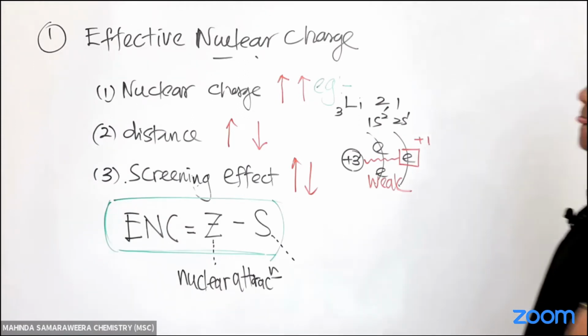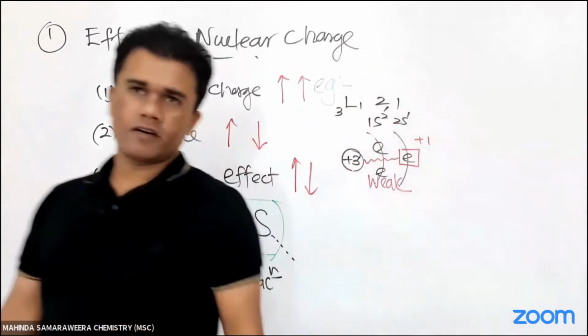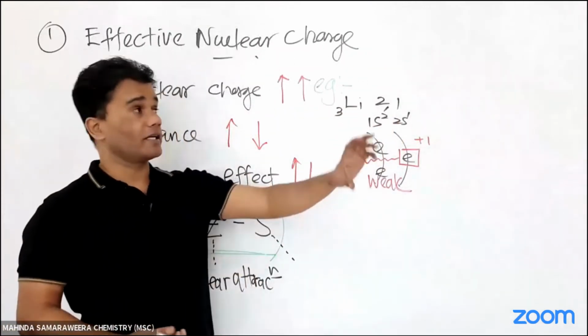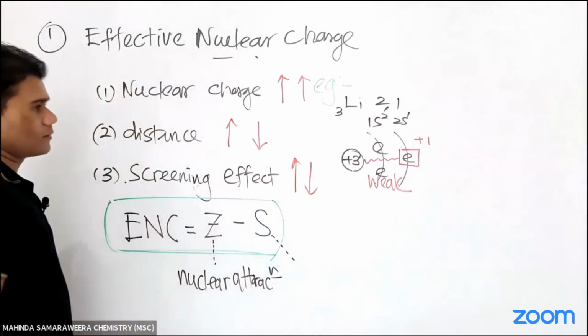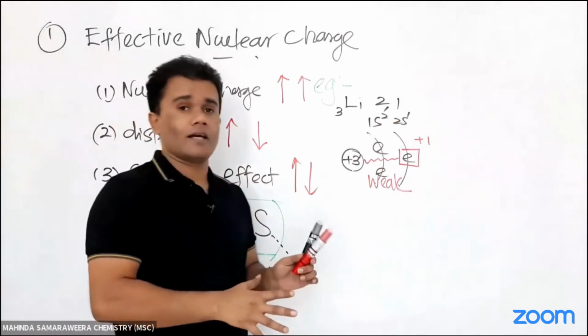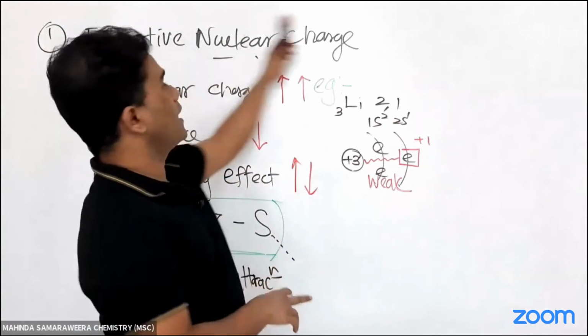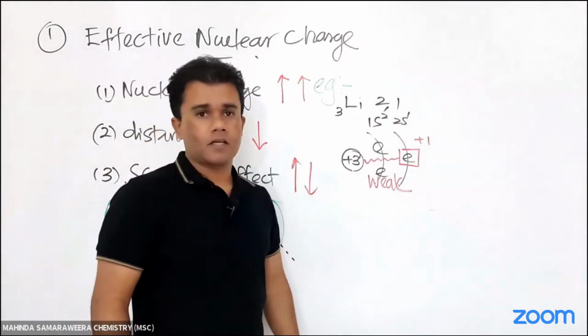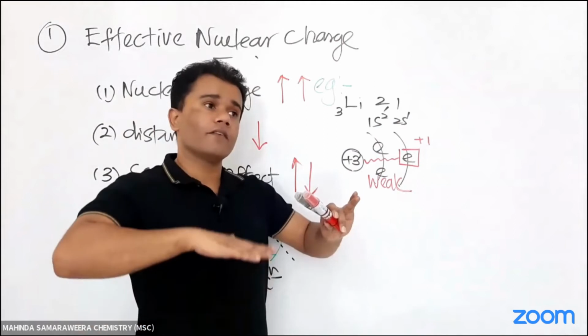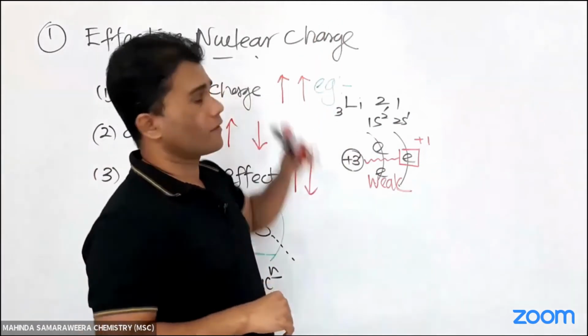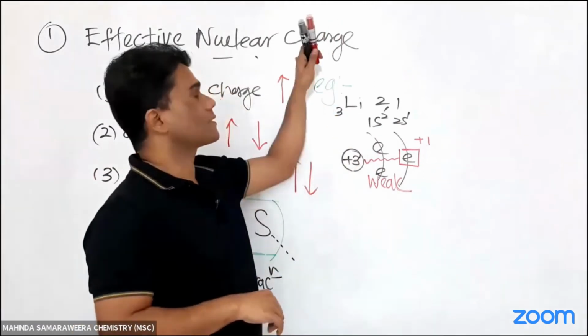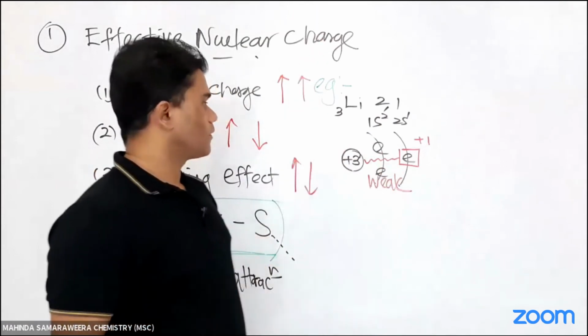Good. Then across a period, everyone understood. Across a period, it increases. Then down the group, I repeat it again and again. Why? Because understanding this factor is important, because then you can build up the other factors based on this factor. So if you get this, you can get the other factors easily, right?